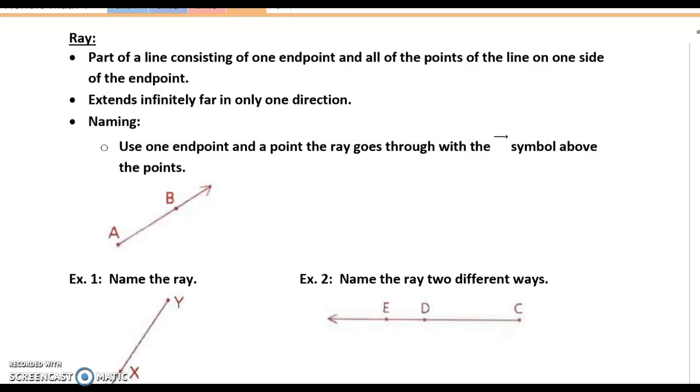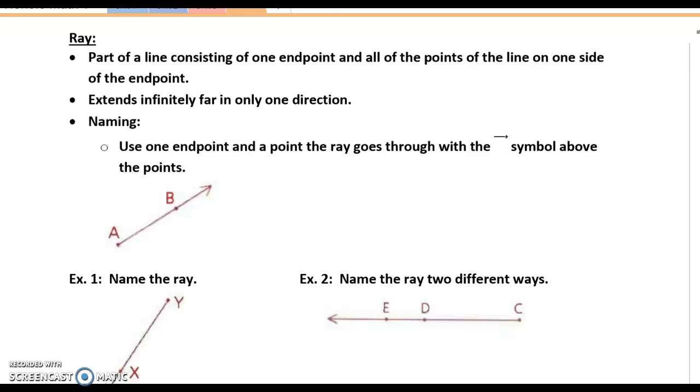All right, moving on. A ray is a part of a line consisting of 1 endpoint and all the points of the line on one side of that endpoint. This ray extends infinitely in one direction. So again, we're looking at this next diagram here. It says use 1 endpoint and a point on the ray to name it.